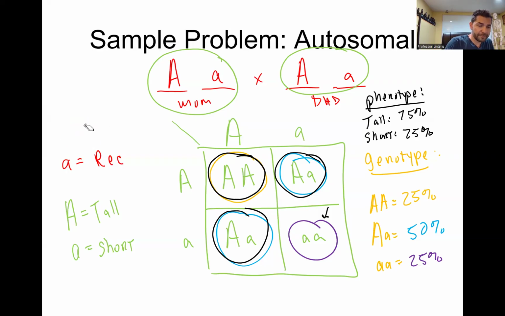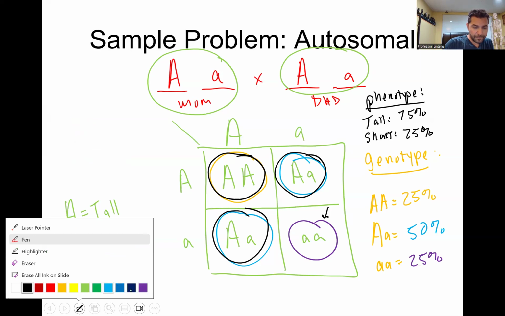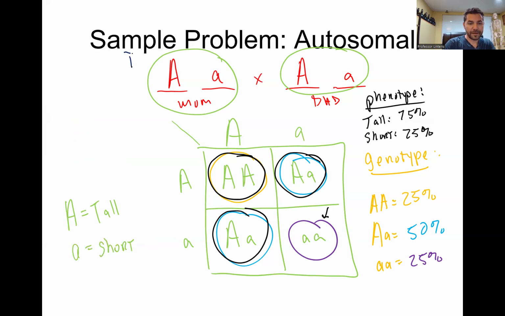Step number 1, I draw the 2 slots for the mother and the father. Step number 2, I figure out what the dominant and recessive gene are coding for. Step number 3, I plug them in. Step number 4, I do the Punnett square. That's how I go about it.